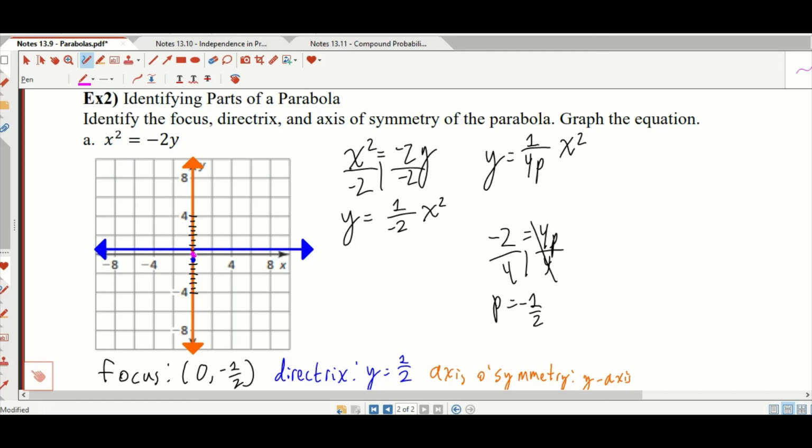Now, this is going to bend away like this because other points on here are going to be equally distant from the directrix and the focus. And so these always bend away from the directrix because it could never touch the directrix. If it went like this, that's not possible because then the distance to the directrix would be 0, and so it couldn't be equally distant from the directrix and the focus. So it bends away from your directrix.